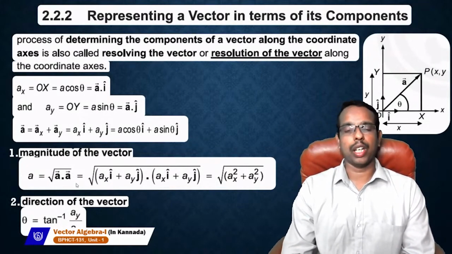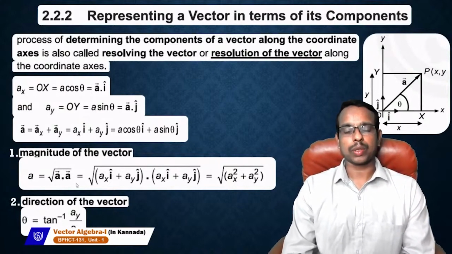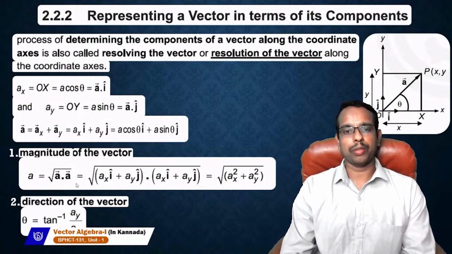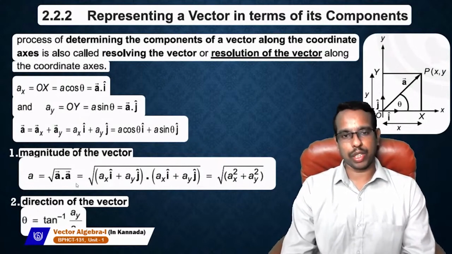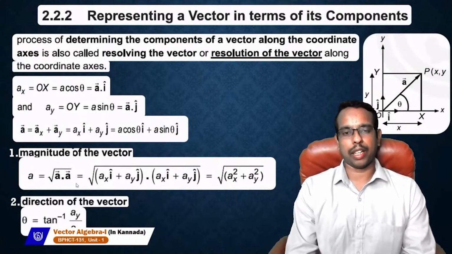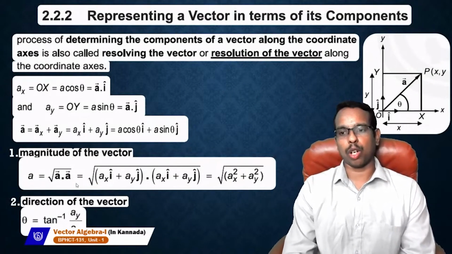To locate a point on the graph sheet, you require at least the projections along the x-axis and y-axis, for example x centimeters or y centimeters. So P is a point which depends upon x comma y.